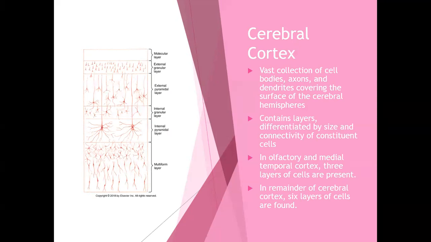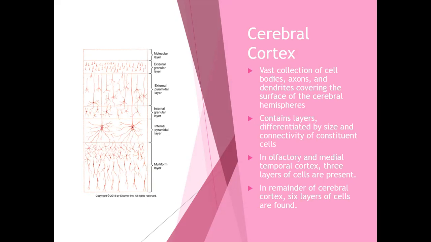And pyramidal cells sometimes synapse without leaving the cortex, but a lot of them synapse outside of the cerebral cortex. There are layers of the cerebral cortex, and the neurons in the layers are differentiated by size and connectivity. So do they connect just within their own area, or do they go out to other areas, or project to other areas, as we say?